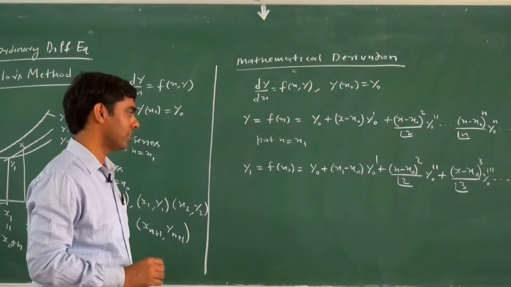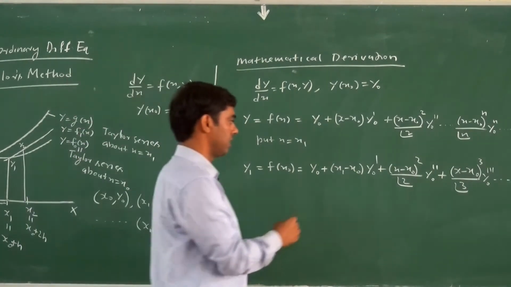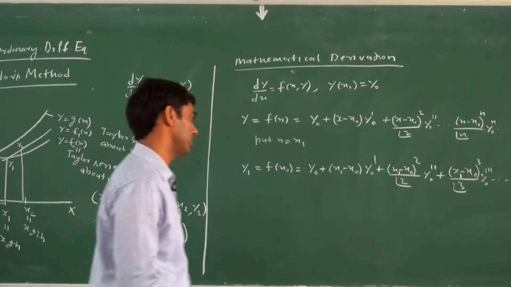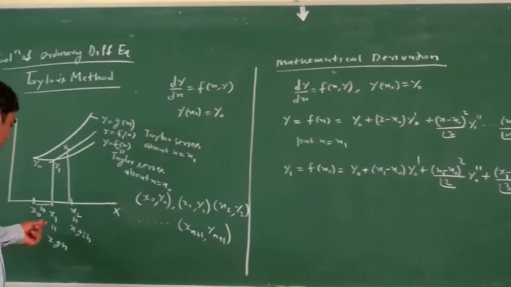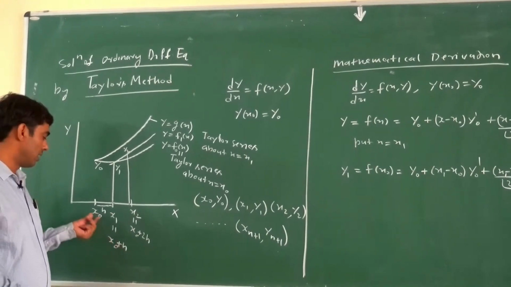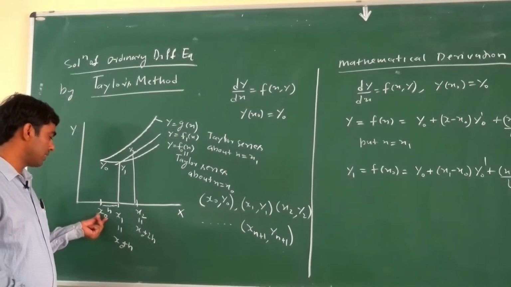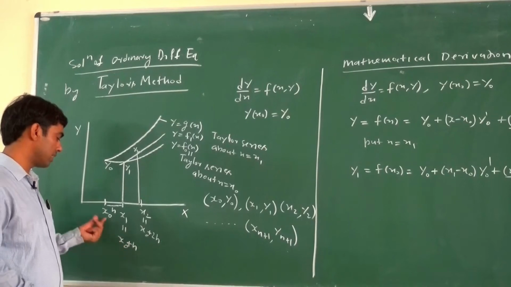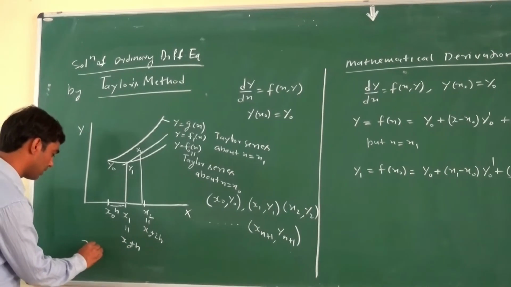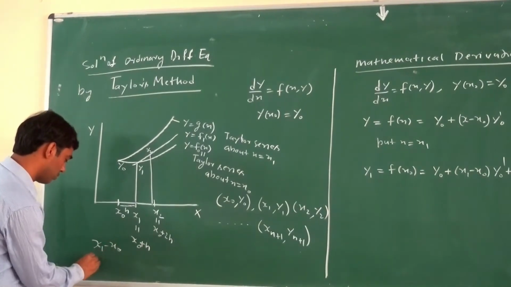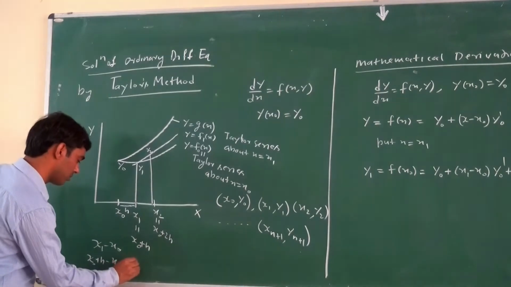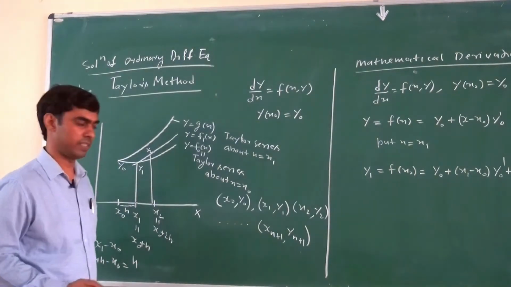So now here, in place of x1 minus x0, what is the value? x1 is x0 plus h, and x0 plus h minus x0 becomes h.